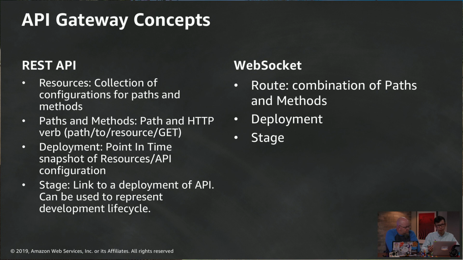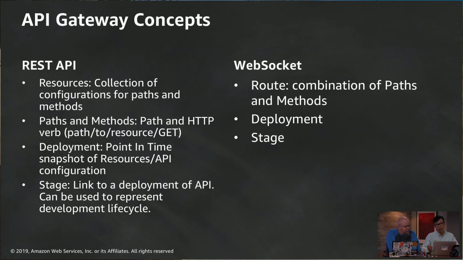This is a link to the deployment, and is really the concept that makes that deployment active and actually exposed to your customers and users. Okay. And you can also have multiple of these stages, and if you have multiple, you can use them to represent your development lifecycle. For example, one stage for alpha, one for beta, and one for gamma, or dev, test, prod, whatever your naming convention is in that case.